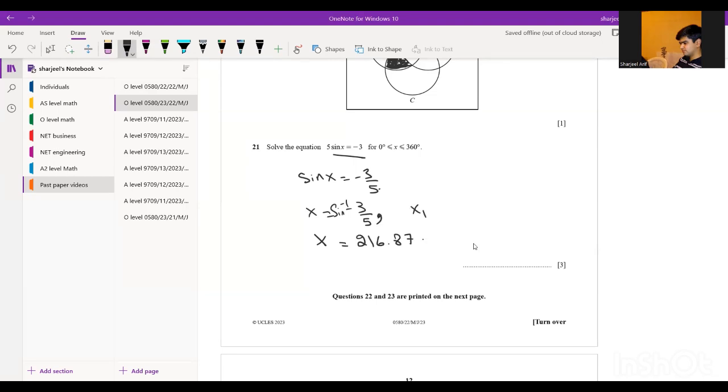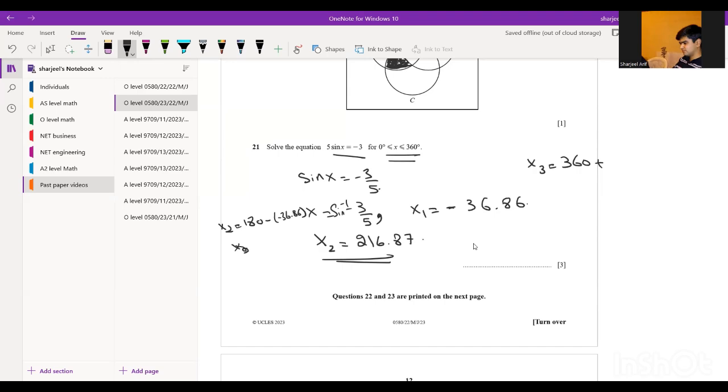The base angle will be minus 36.86. Normally we deduct this from 180. So in this case, this will be 180 minus 36.86. This will give us the value of x2 equal to 216.87. And for the next value, we have to add 360 because minus 36.86 is outside our range.